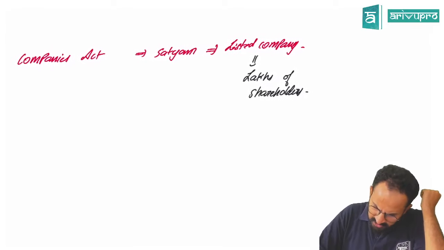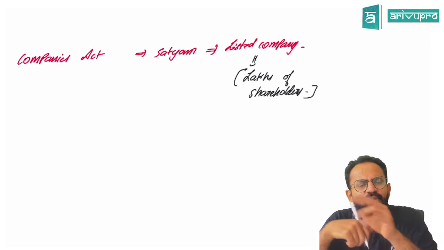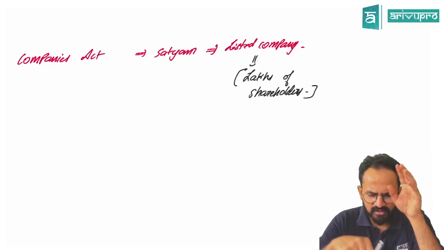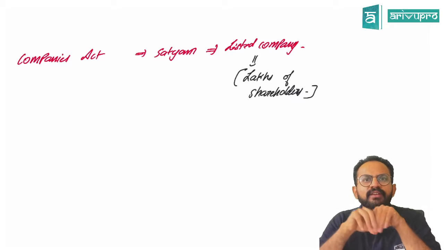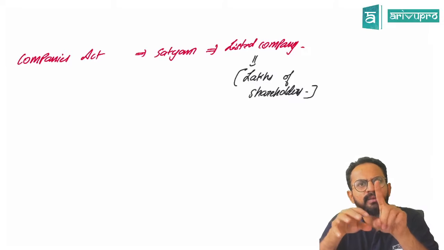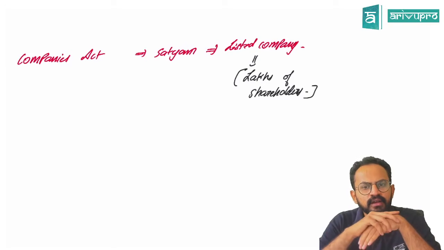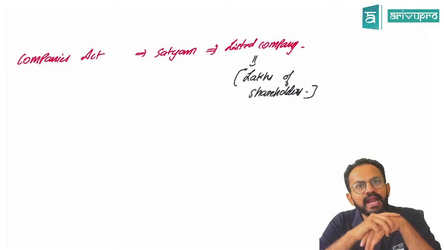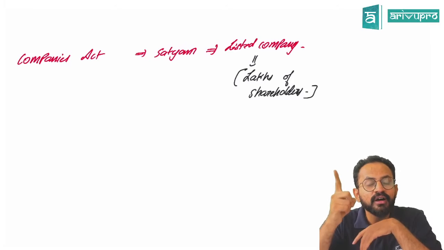People, now imagine there is a contract made only for two people. Sir, there was a law made only because there are two people involved, the Indian Contract Act. Sir, there was a law made because two people were involved in a sale of goods act. In a company, there are lakhs of shareholders. Now tell me how strong a law should be.